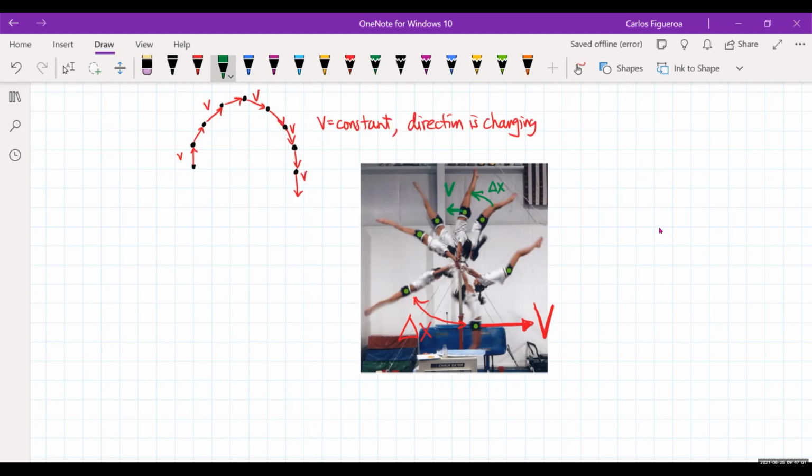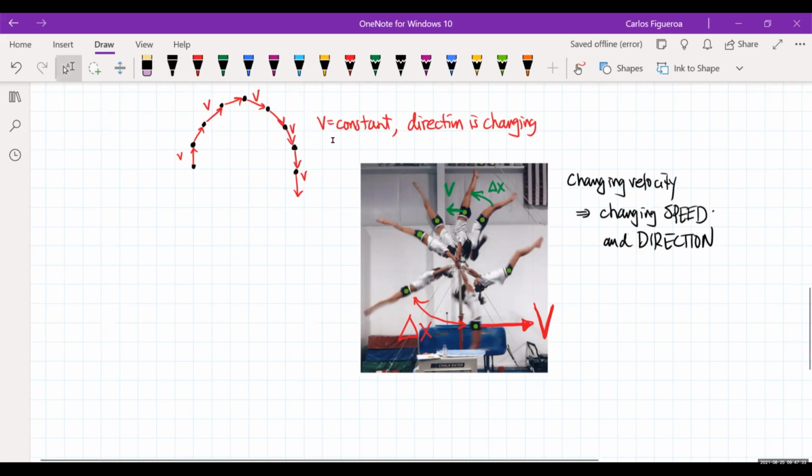So this tells me that this has a changing velocity, because in this case, you're changing speed and direction. You're changing both.